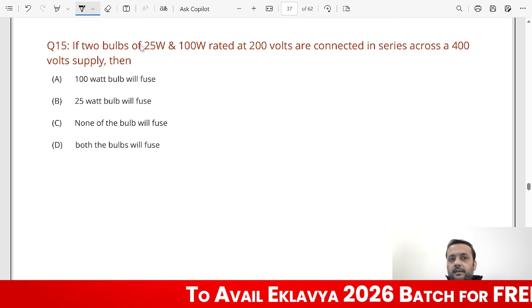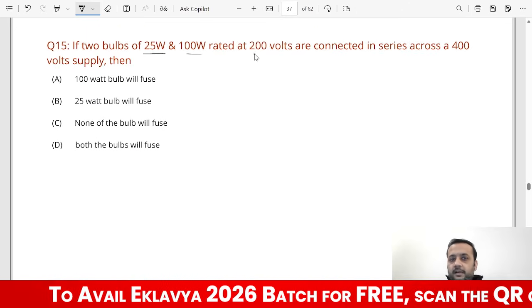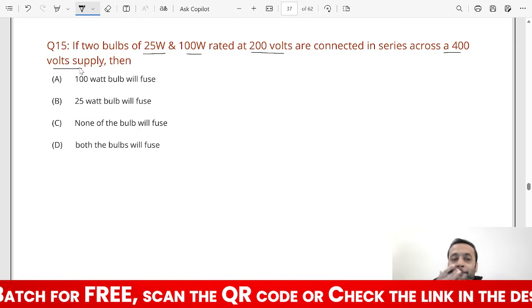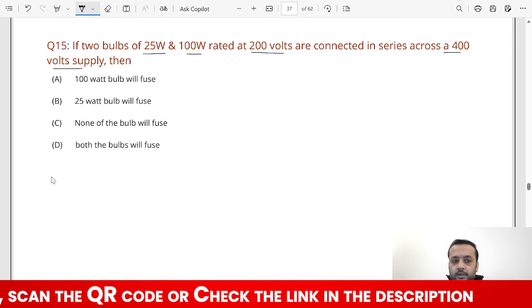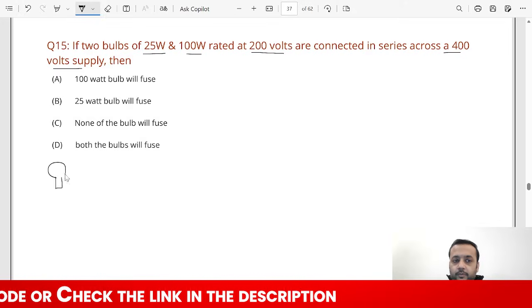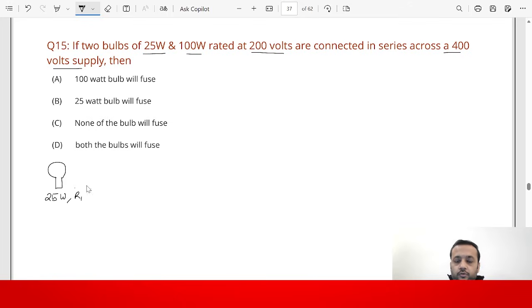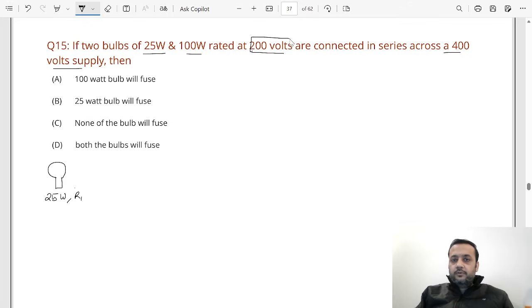Then, if two bulbs of 25 and 100 watts are rated to 200 volts and they are connected in series with a 400 volt supply, we have to find which bulb will fuse. Let us say bulb 1 is 25 watt. What is the resistance of this bulb, say R1? The rating of the bulb is 200 volts, 25 watt, that means it will produce 25 watt when the potential difference is 200 volts.